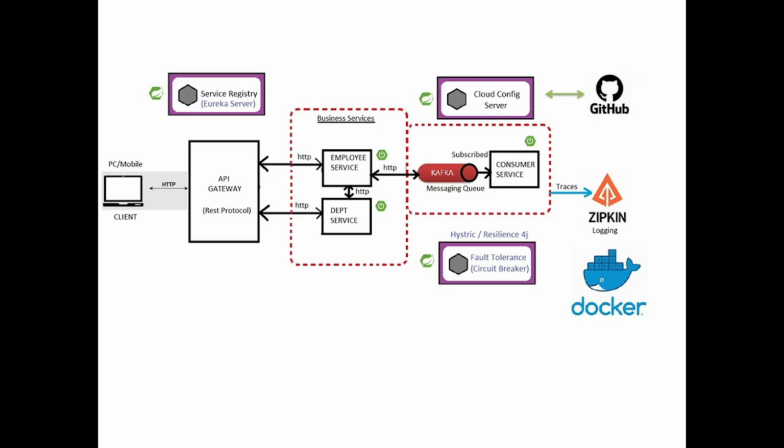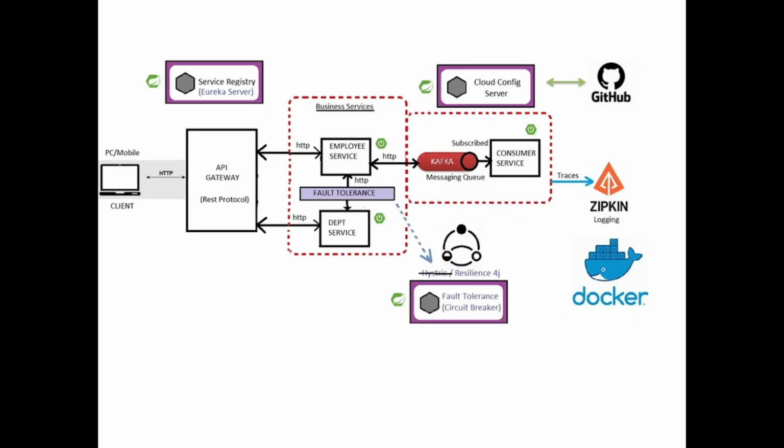No, I will get an exception or errors as a return. So imagine if I design a circuit breaker in between them. Let's say I have created a fault tolerance, which is a circuit breaker, in between them. Then it will help me a lot. So let's understand what is circuit breaker pattern.